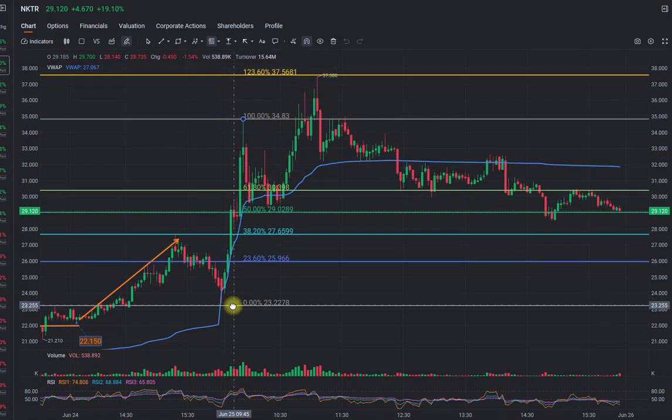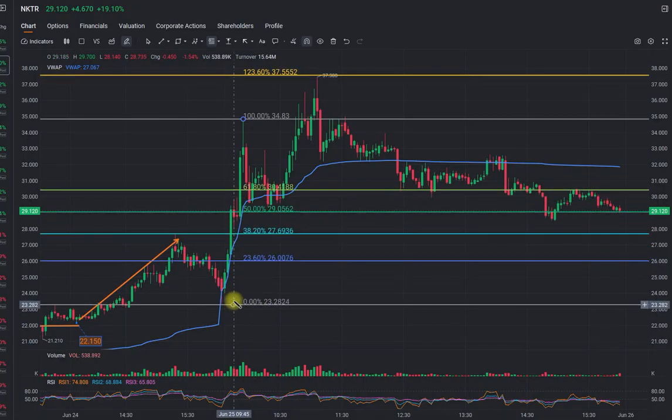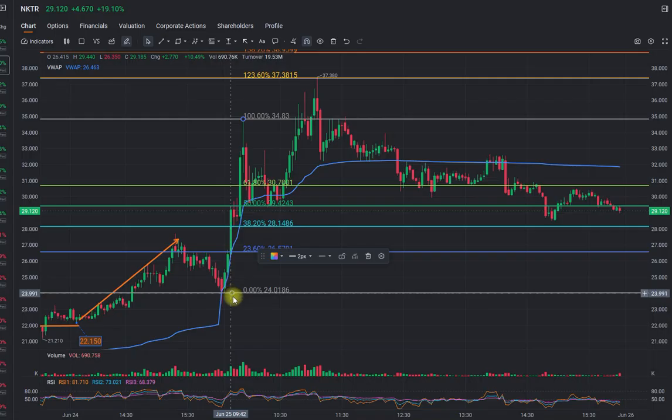Hold on a second. Okay, I see something here. Obviously there are so many Fibonacci lines, eventually you're going to see something, but this 50% Fibonacci from 24 to 34.80, the 50% Fibonacci is where basically the support level came into play.